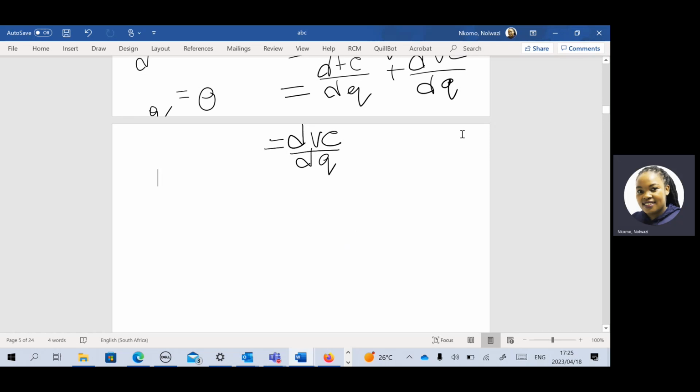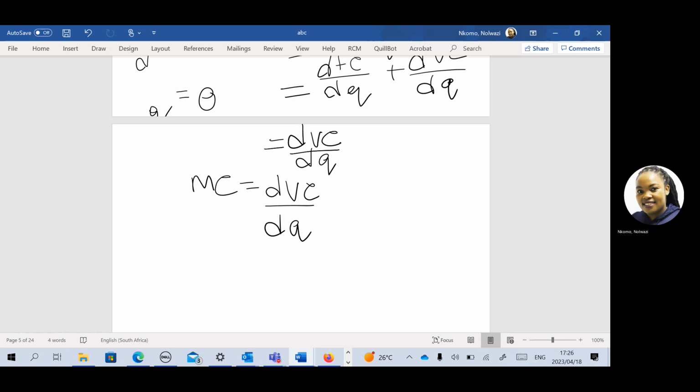So we said the marginal cost is the derivative of the variable cost. One thing you should know is that the derivative of the variable cost is the marginal variable cost.